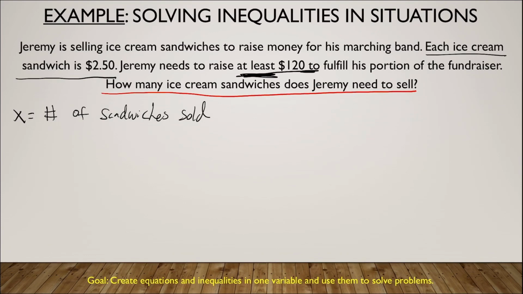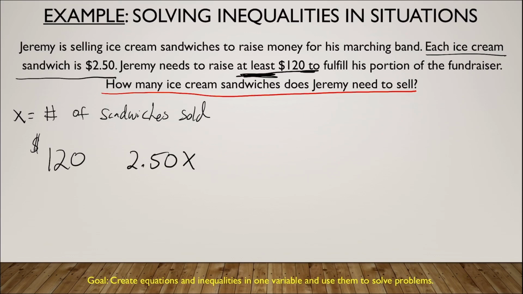Okay, we know he has to sell at least $120. So we're going to worry about the inequality after we write this expression. We know that each sandwich is $2.50 per the number of sandwiches. So I'd say 2.50 times x.